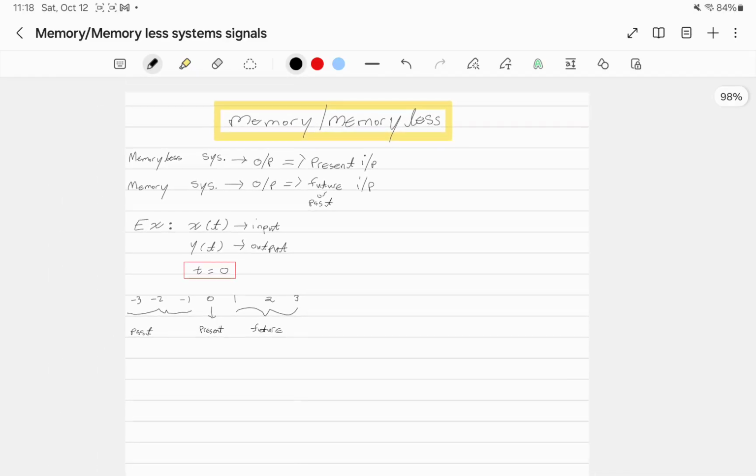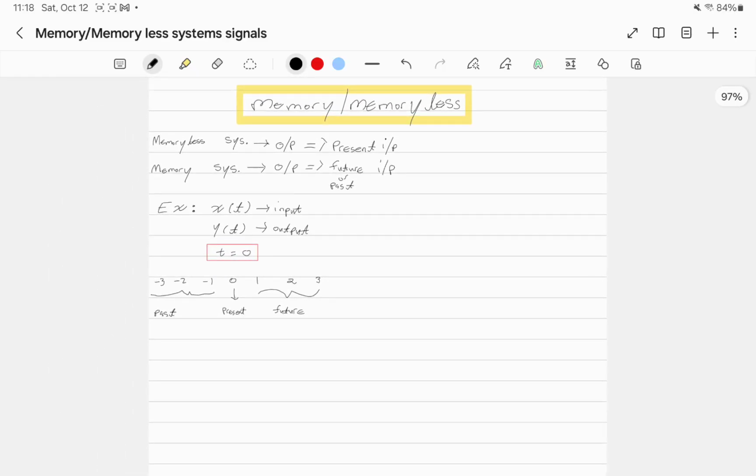So let's say y of t equals x of t. So y of t equals x of t is our system. Let's say we take the 0 example, and we have y of 0 equals x of 0.